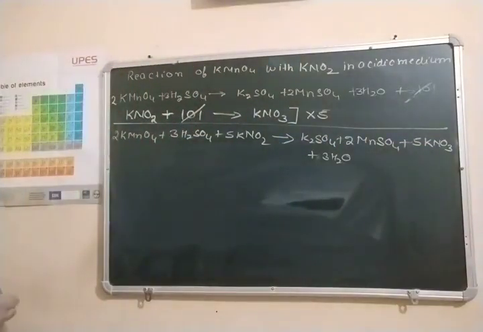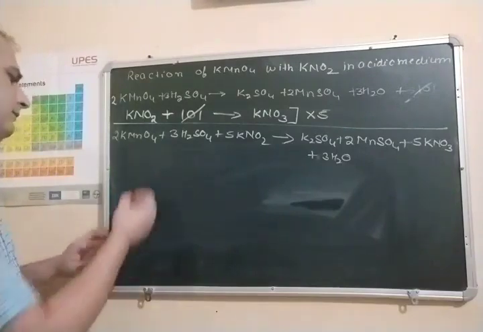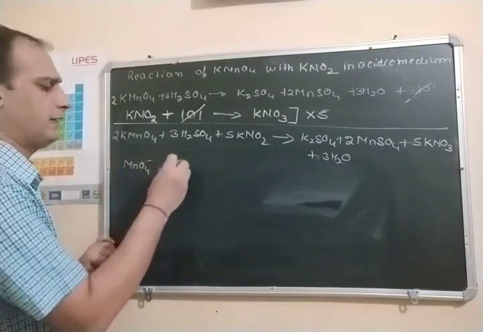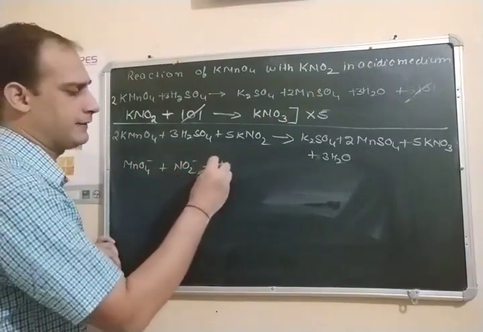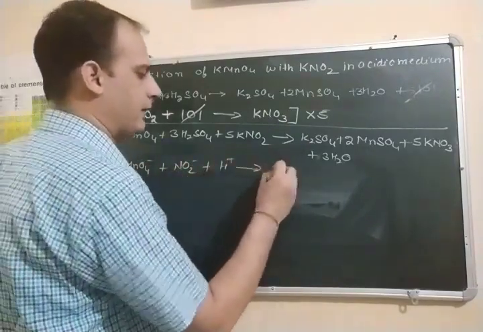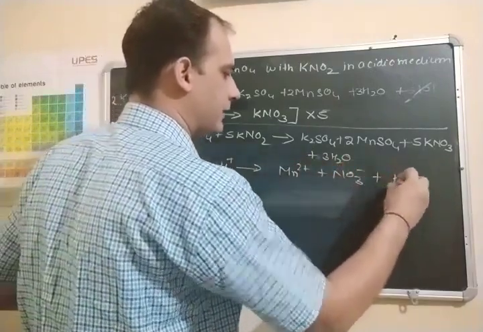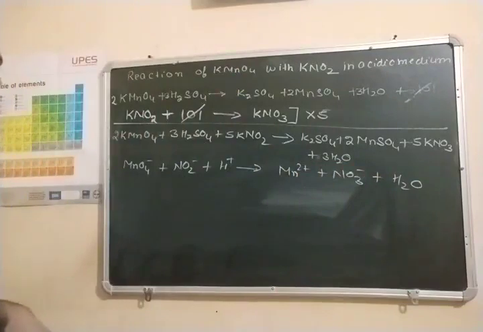Similarly, you can write the ionic equation and you can balance the equation. Here you have MnO4 negative plus NO2 negative plus H positive, and it is forming Mn2 positive plus NO3 negative plus H2O. So you can easily balance the equation.